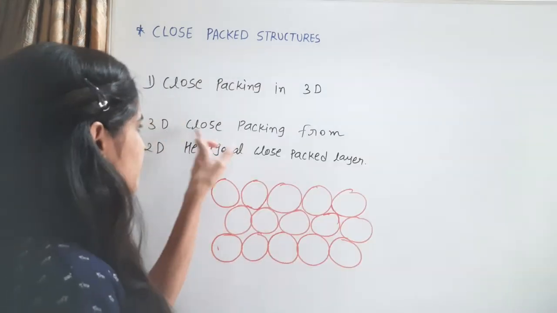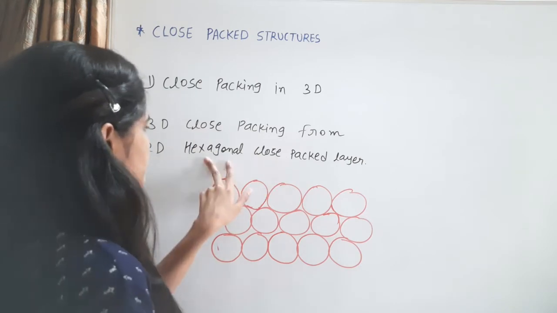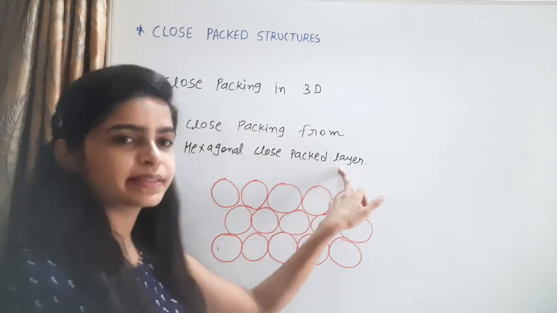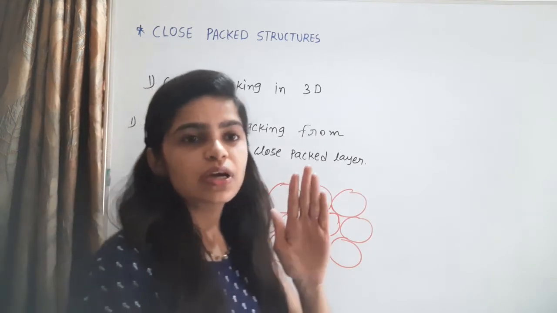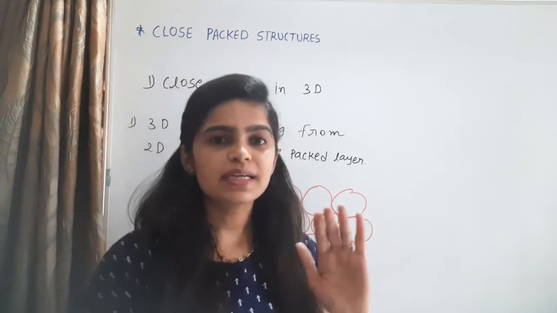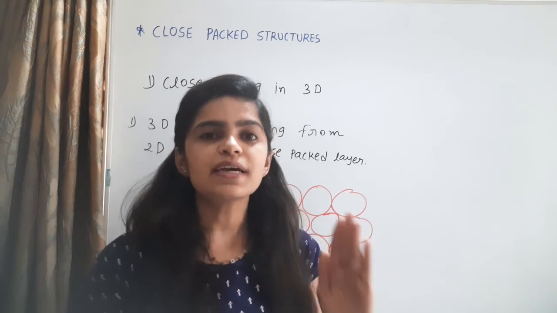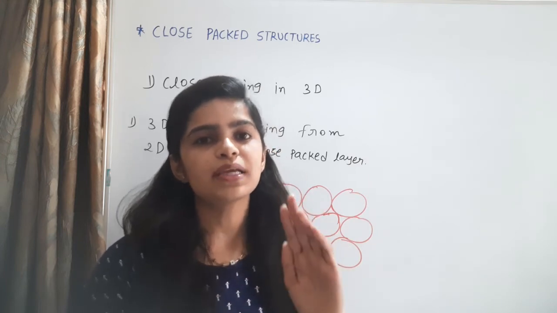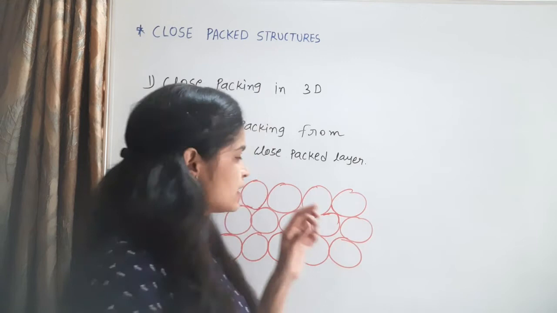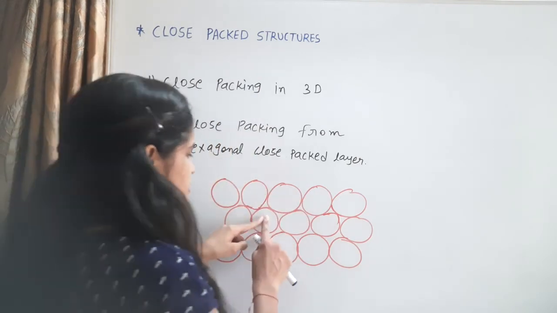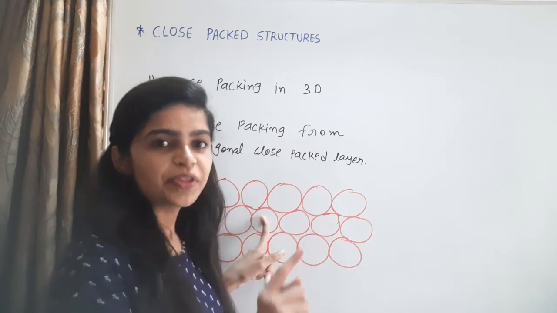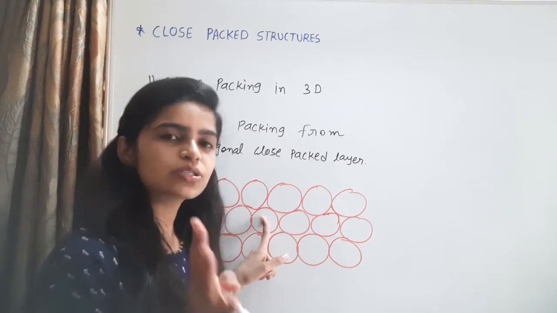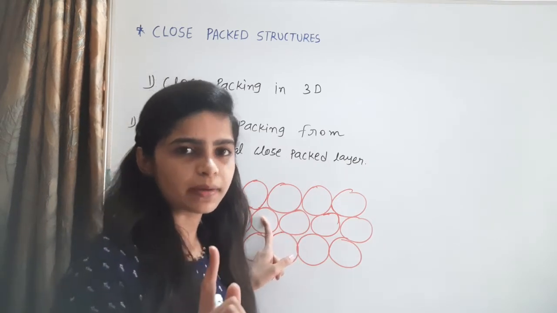Next is three-dimensional close packing from a two-dimensional hexagonal close packed layer. Three-dimensional packing means three layers: first layer, second layer and third layer. The first layer we consider as a two-dimensional hexagonal close packing. In the hexagonal close packing, this atom has 6 nearest atoms, 1, 2, 3, 4, 5, 6, so its coordination number is 6. It's known as the hexagonal close packing.